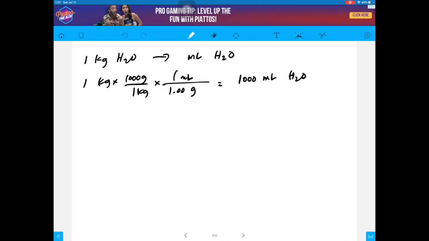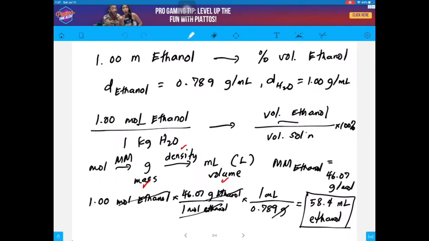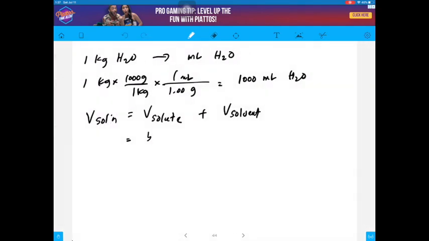In order to get the volume of the solution, we need to add the volume of the solute and the volume of the solvent. Volume of the solute is 58.4 ml and the volume of the solvent is 1000 ml. Altogether, the total volume is 1058.4 ml.